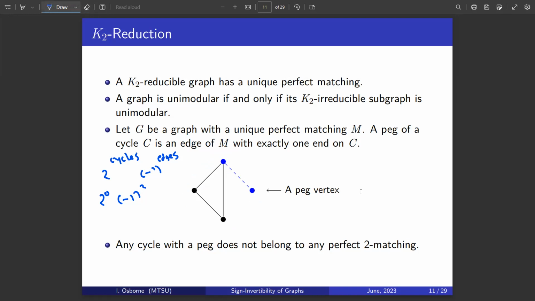And so what's important about this is if you have a cycle with a peg, then you aren't going to have that cycle matching. You're forced to have an edge matching instead. And edge matchings are much easier to deal with when you're looking at s-invertibility, because they're either -1 or 1. You don't have to worry about canceling out large numbers to try to get your inverse value back down to something smaller.